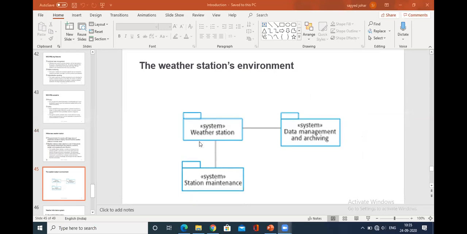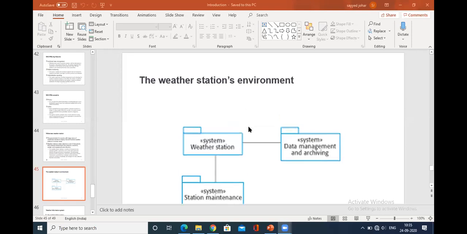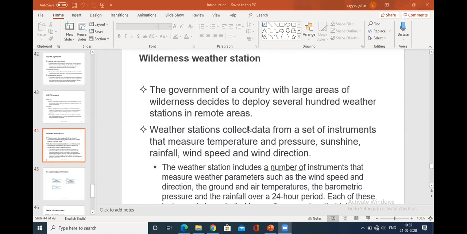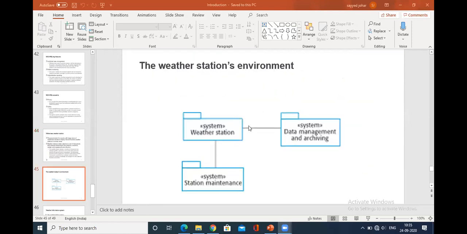So, the weather station environment. In the case of the weather station environment, you could see various kinds of systems.